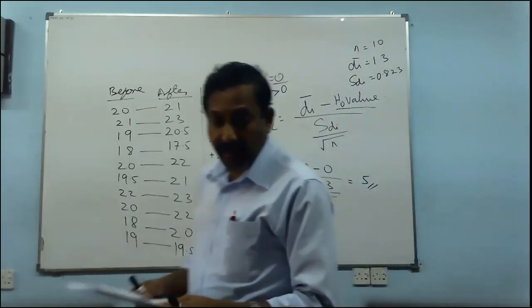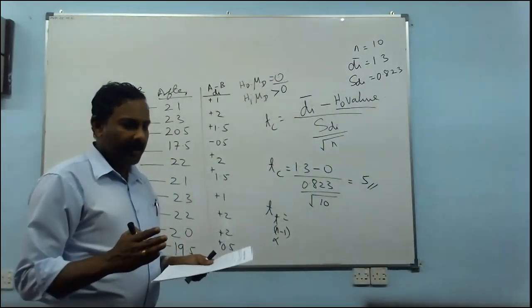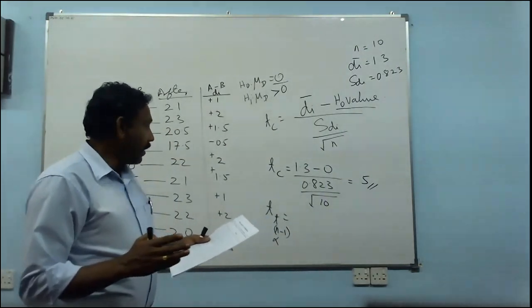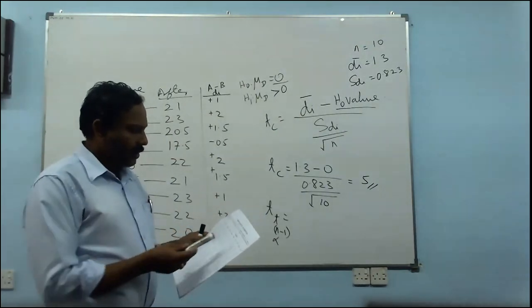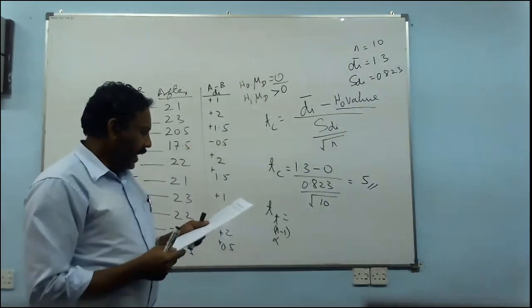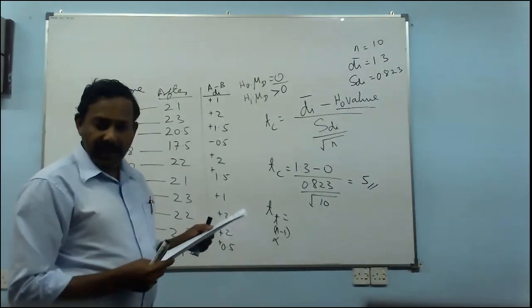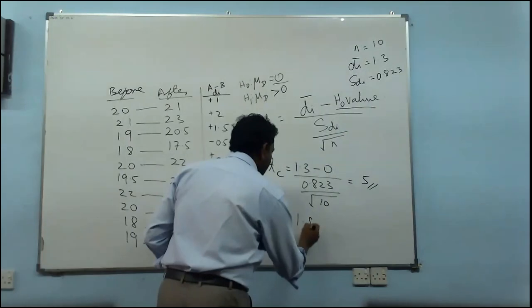How to look up a one tail in a table? You multiply by 2, right? So look for 0.1 with 9 degrees of freedom. The value is 1.833.